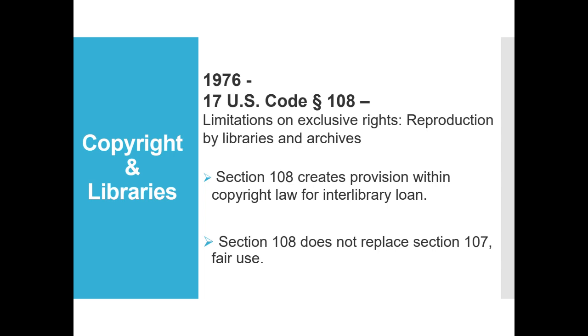Section 108 attempts to balance the interests of publishers and libraries regarding ILL arrangements. It does not replace fair use, which is codified in Section 107. Fair use applies to libraries, archivists, and library users just as it does to everyone else, so you can also consider fair use.